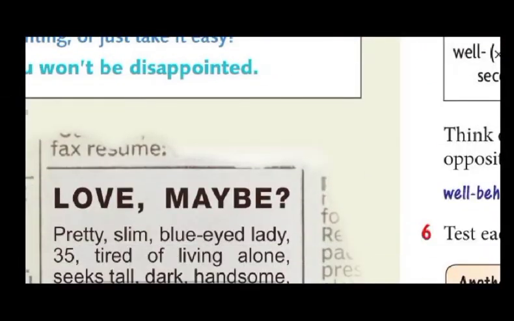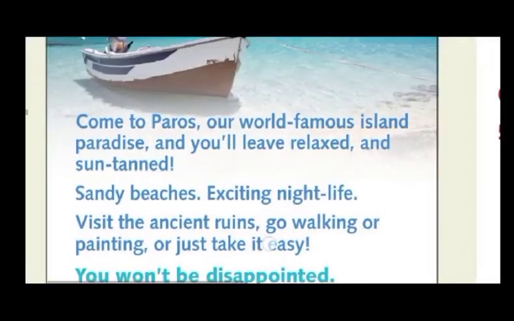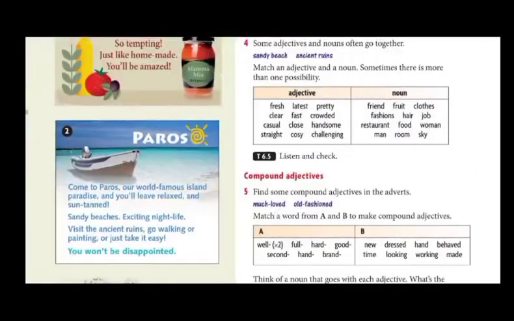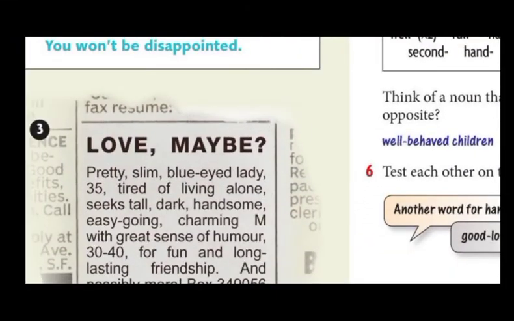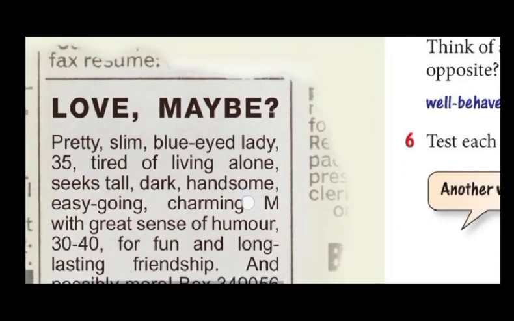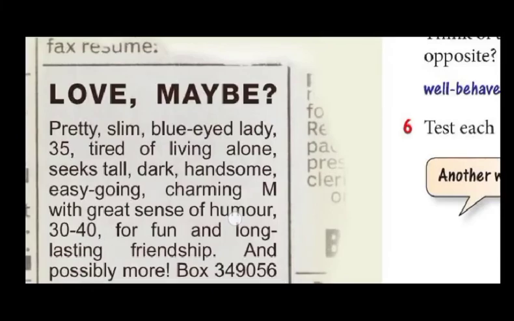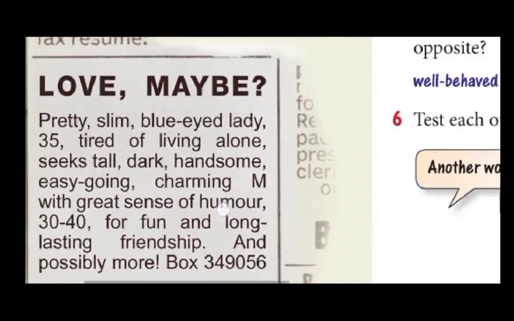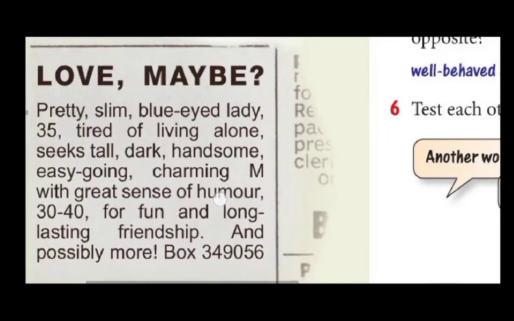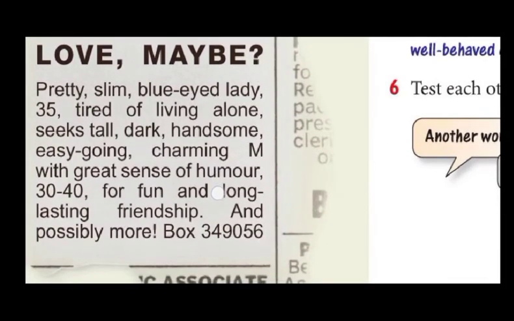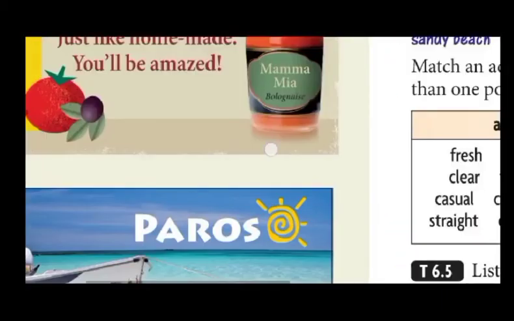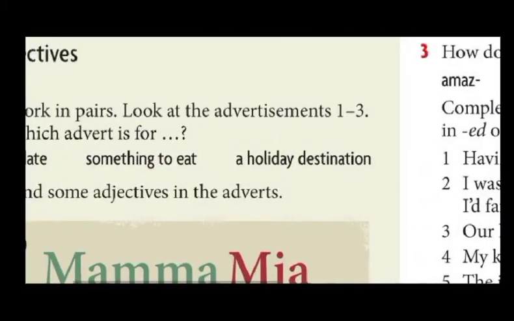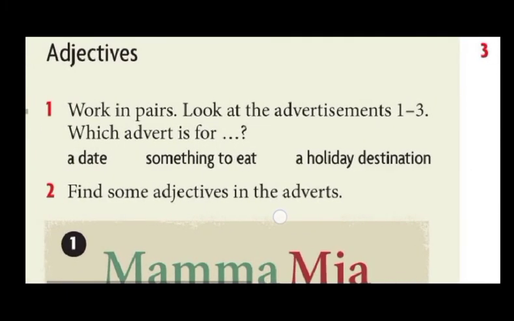Number 3, just have a look at number 3. Love may be a pretty slim, blue-eyed lady, 35, tired of living alone, 6 feet tall, dark, handsome, easygoing, charming, middle-aged with a great sense of humor, and so on. So it is about a date.